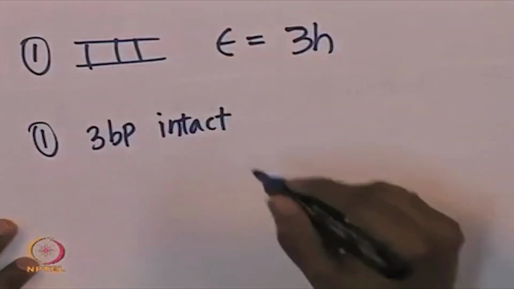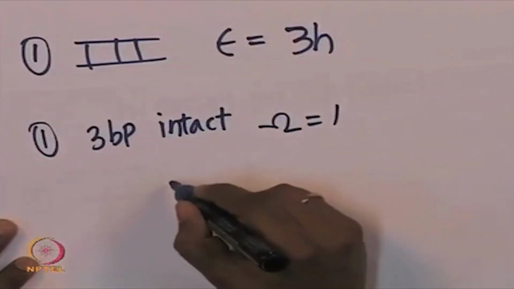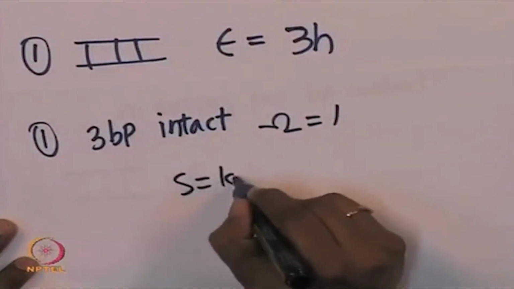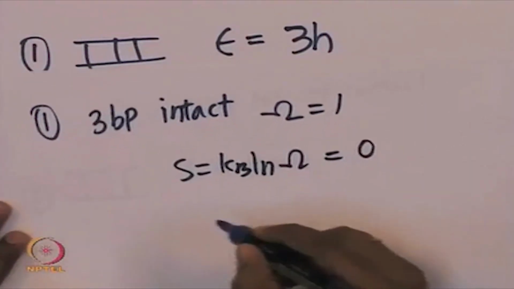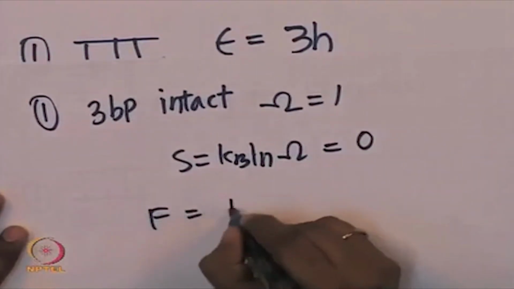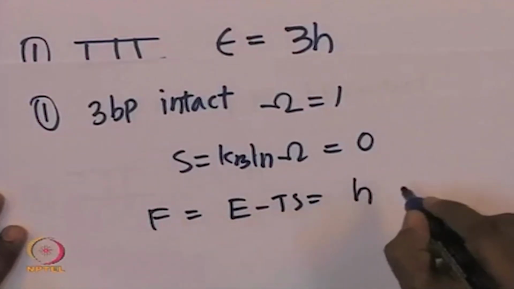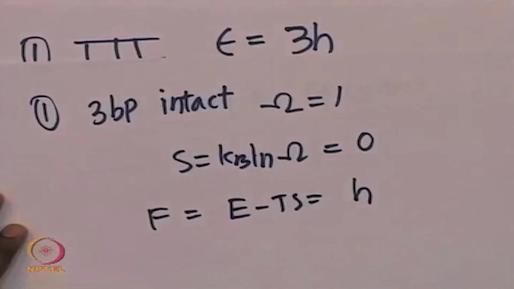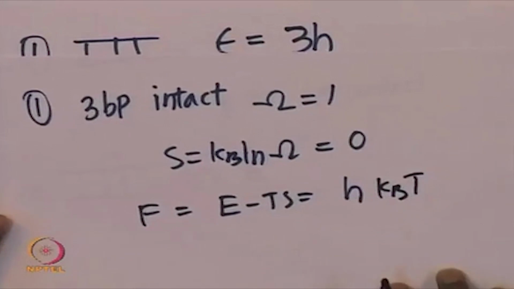There is only one state possible. So, omega is 1. So, entropy is Kb log omega, so this will be 0. Free energy is E minus TS. This is H minus 0, which is just H. So, H kBT is the free energy in these units.